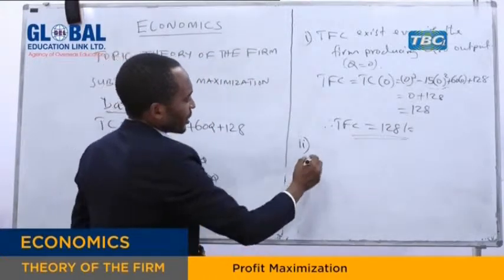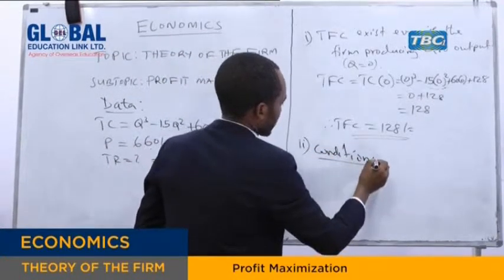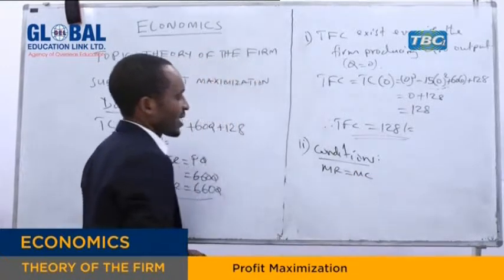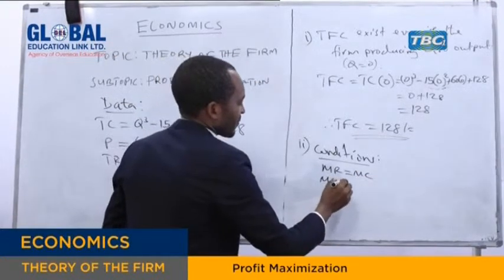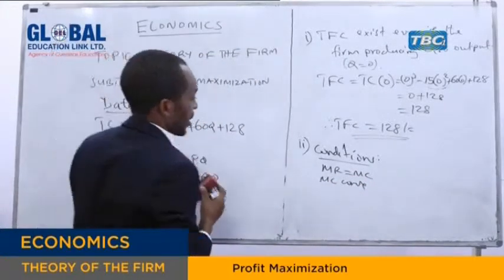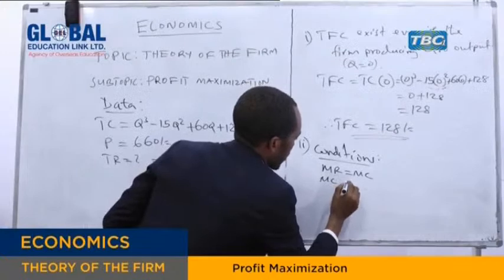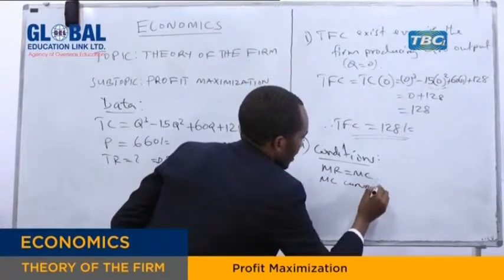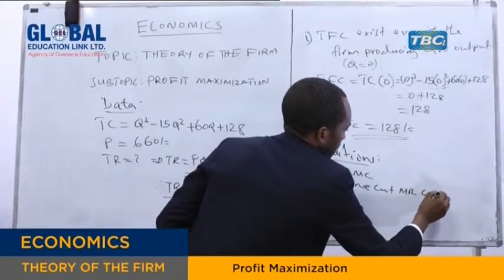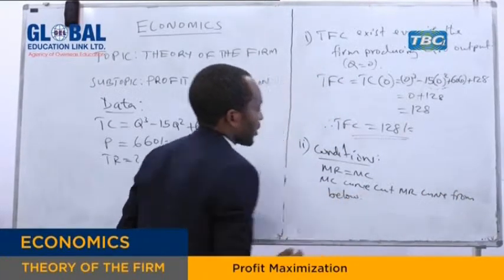So the condition is that marginal revenue should be equal to marginal cost, and the marginal cost curve cuts the marginal revenue curve from below.